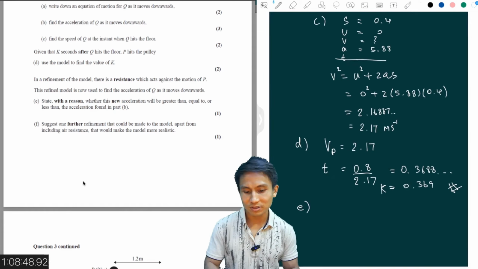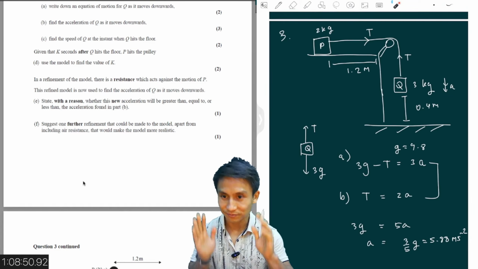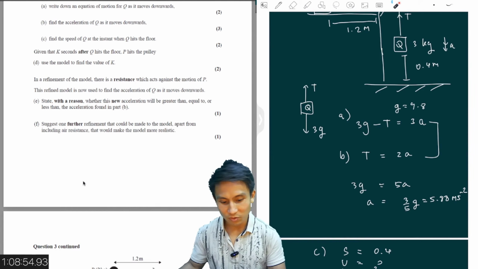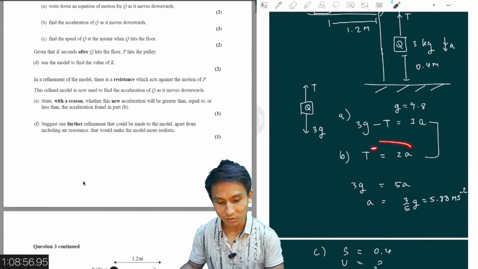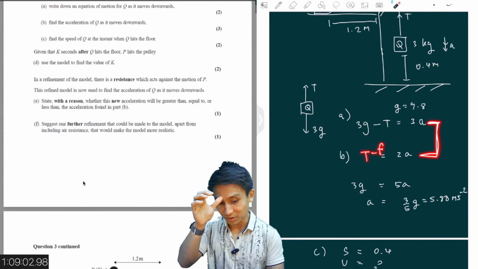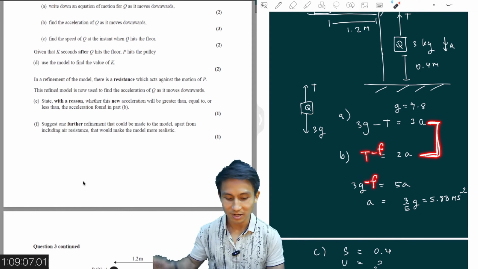Well, if there is a friction, there is a resistance or friction, then you have something subtracting in this equation. So this will be T minus some F, right? And then when you add up these two equations, you would also have some subtraction here.